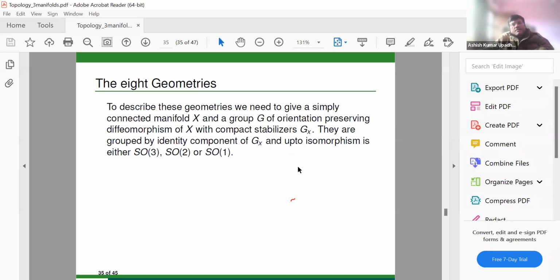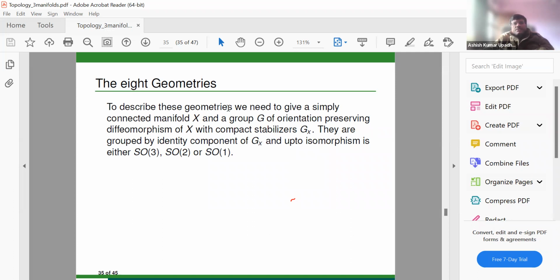So remember, how did we define geometries? We took a simply connected space, and we took a group of isometries, and then talked about quotients with the isometry group of the simply connected space. This is how we try to understand the geometries in dimension 3.